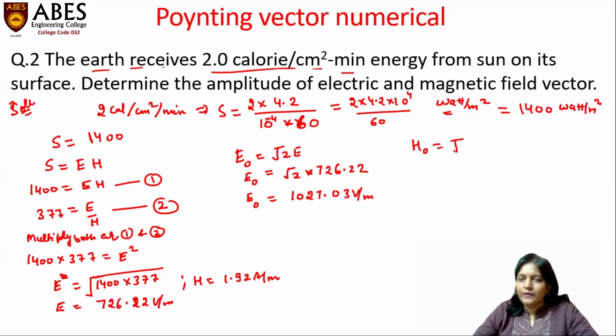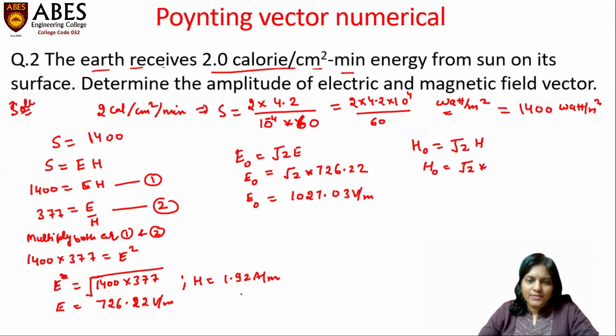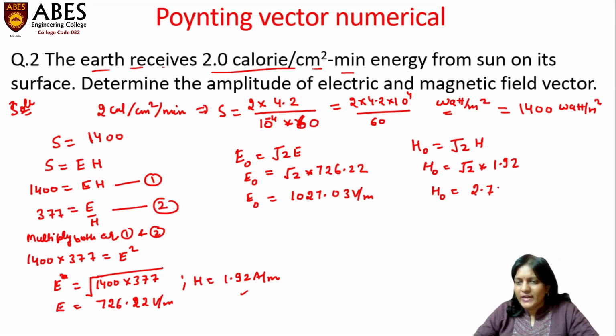And H naught will be root 2 into H, which is equal to root 2 multiplied by the RMS value 1.92. So H naught is 2.72 ampere per meter.